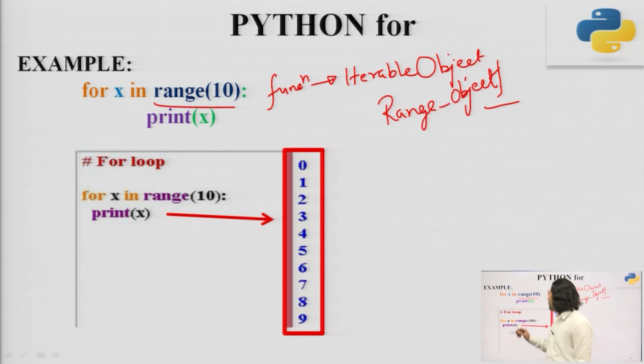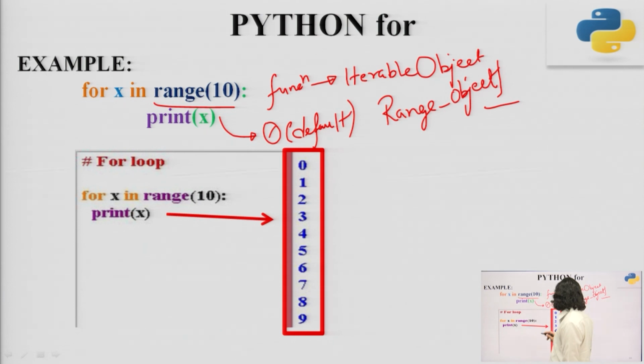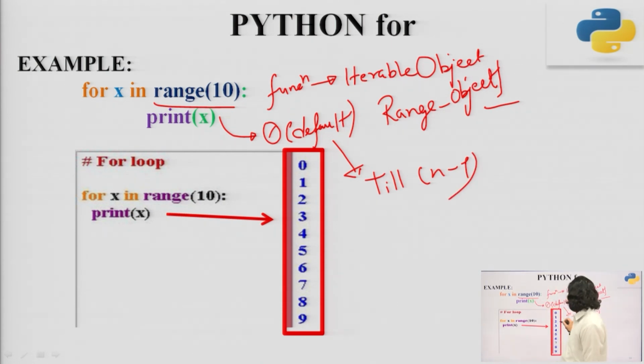The default start of the range is 0, and it goes till n minus 1. So, n minus 1 means 10 minus 1, that means 9, it is executed from 0 to 9.